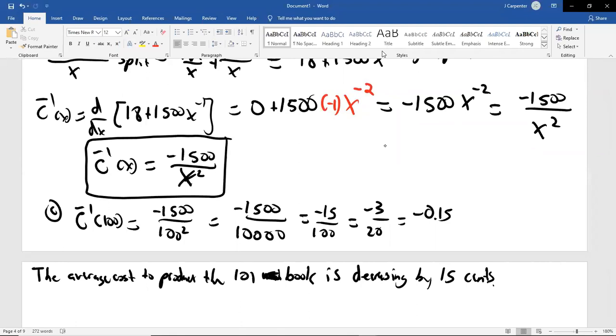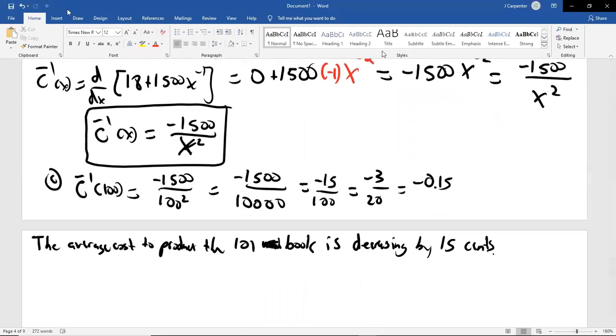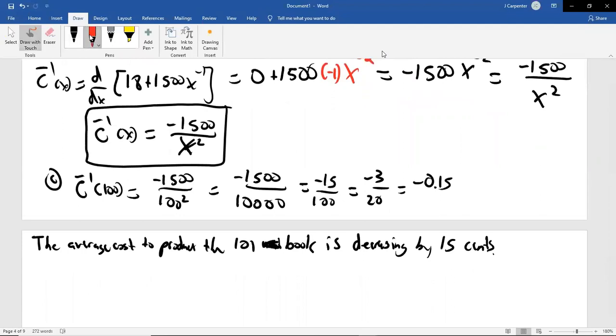If you do this at any different value, if you find the marginal average cost at, say, 10, so let's do a D, in fact. I don't normally do this, but I think this is important. Let's do C bar prime of 10. That would be negative 1,500 over 10 squared, which is negative 1,500 over 100, which is negative $15.